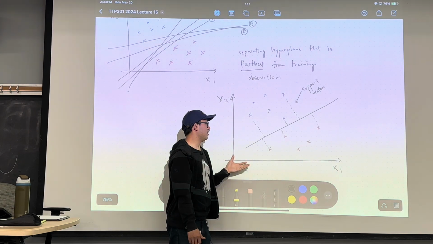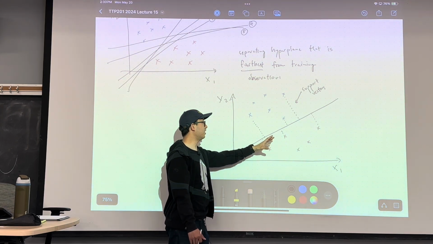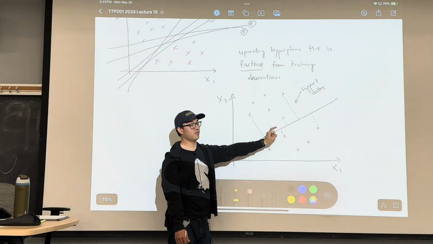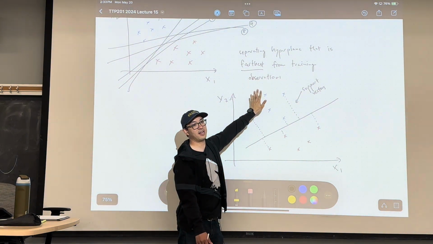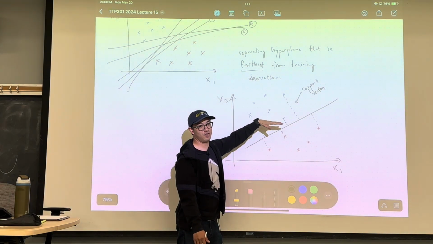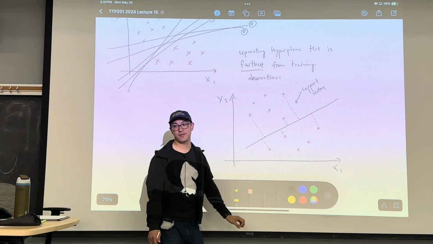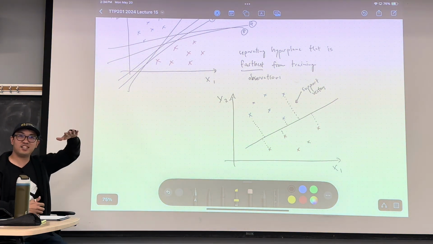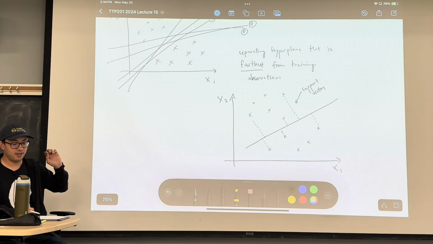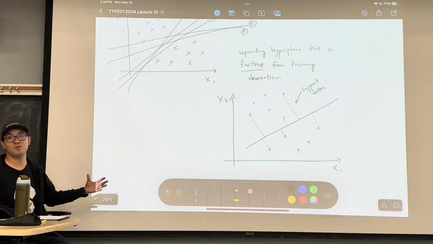So your hyperplane actually only cares about the shortest one, and the rest of the points have no effect on the hyperplane unless the hyperplane moves in such a way that this no longer becomes the smallest one, okay? So you can think of the points as sandwiching your hyperplane in such a way that any way that the hyperplane moves, it will get closer to one of your points.